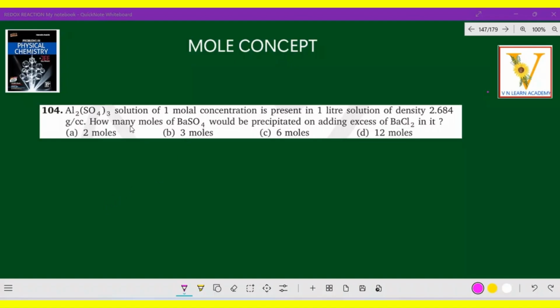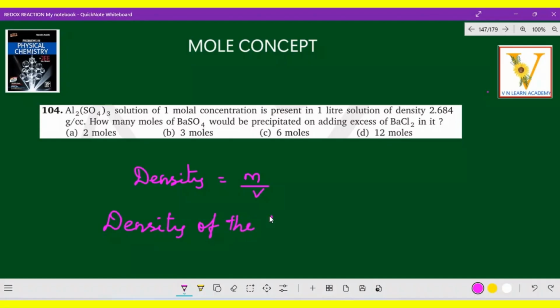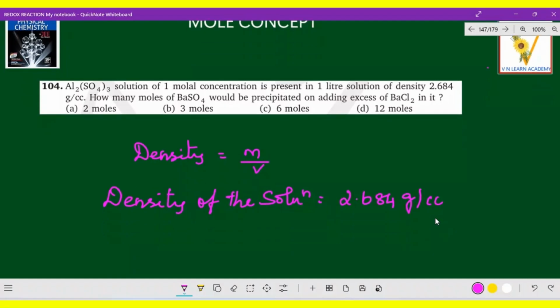First and foremost, they have given the value in density. Density equals mass by volume. Density of the solution, how much have they provided? Here 2.684 gram per cc, that is, centimeter cube also you can mention.